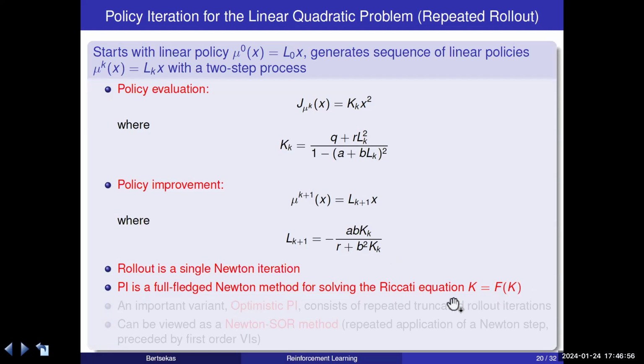And it will asymptotically solve the Riccati equation, but much faster than value iteration. That's another important point. Policy iteration is much, much faster than value iteration, particularly once it gets close to the solution, then one iteration gives you almost the exact solution.